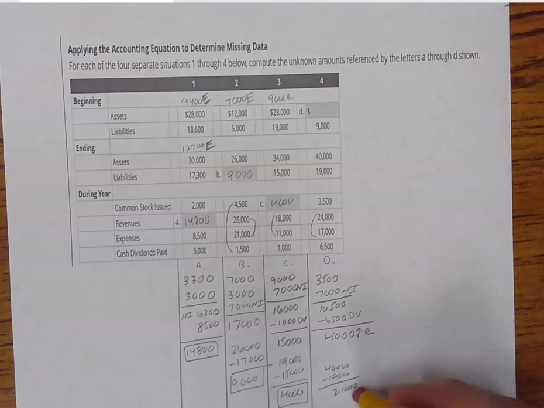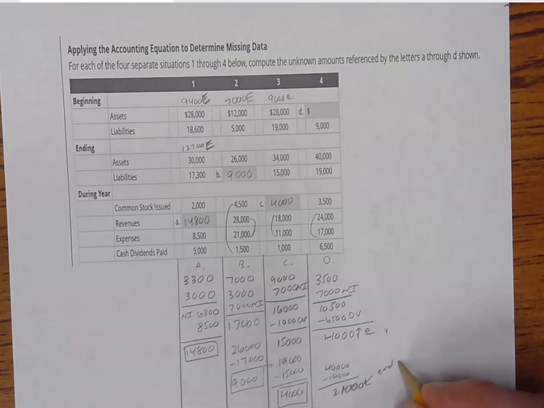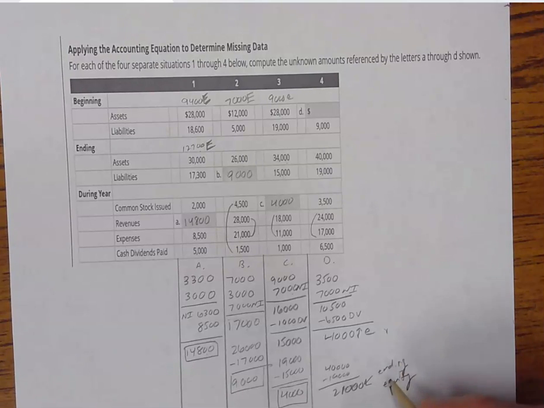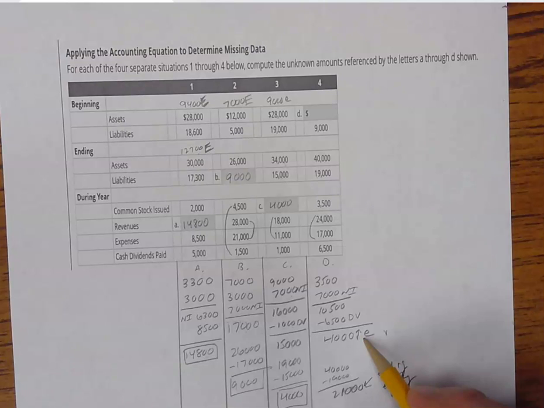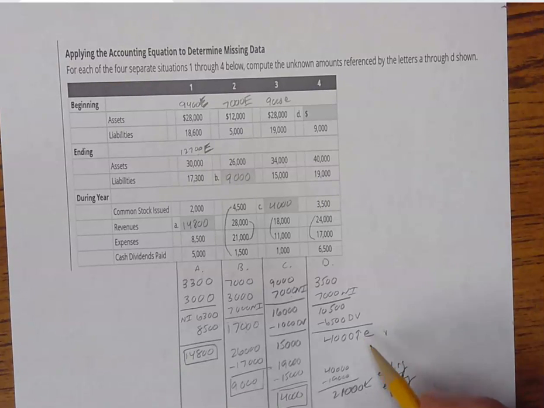Make sure that says 21,000 and not 210,000. So 21,000. So if ending equity is 21,000 and equity went up by 4,000 during the year, then that must mean that beginning equity was 17,000, right?